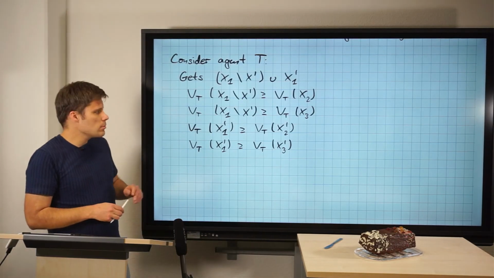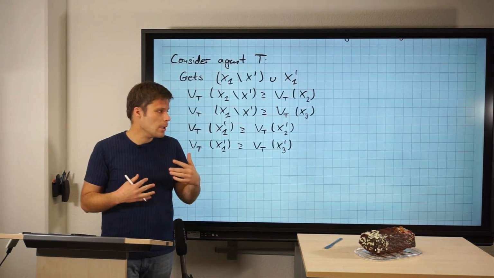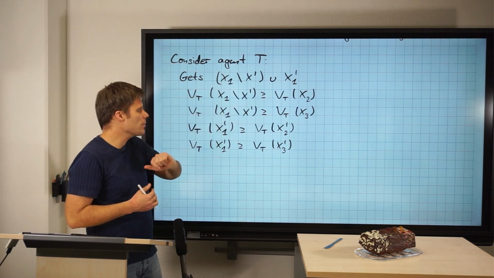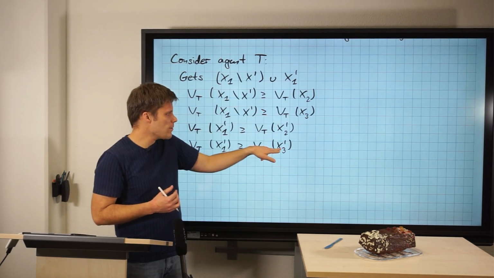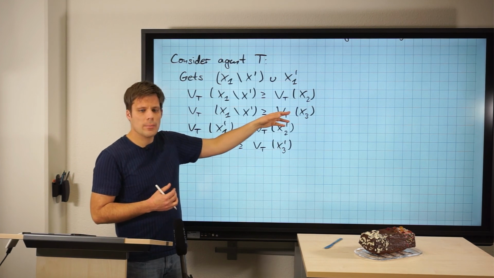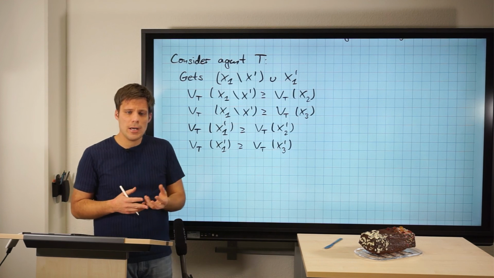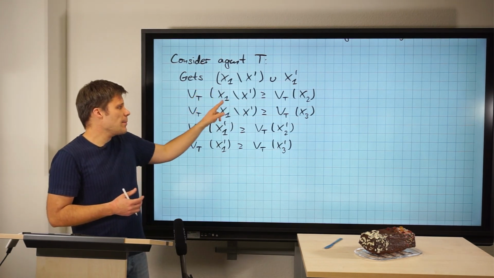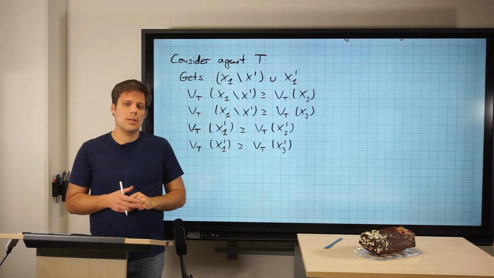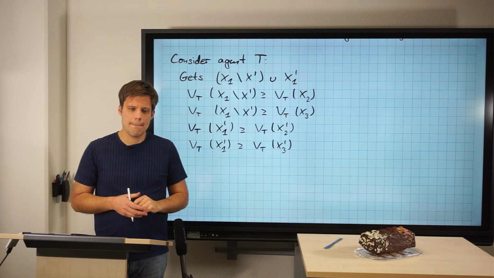And if you now look at this, regardless of how you combine this, whether you combine x1 prime, x2 with x2 prime, or with x3 prime, or if you combine x3 with x2 prime, or x3 with x3 prime, agent T will always be happier with x1 take away x prime union x1 prime.